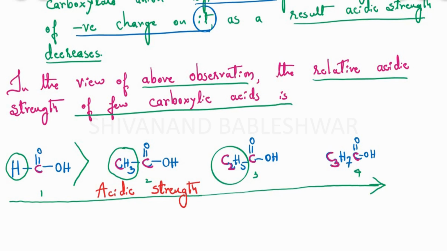Comparing methyl and ethyl, ethyl has more electron donating tendency. Therefore ethanoic acid is stronger than propionic acid, and in turn propionic acid is stronger than butanoic acid. So on moving from left to right, the acidic strength goes on decreasing. This point you have to remember.